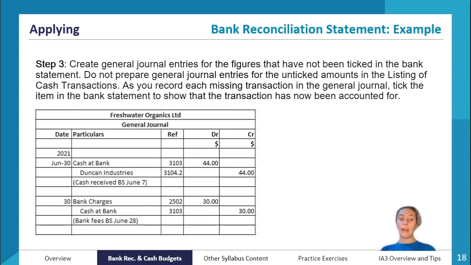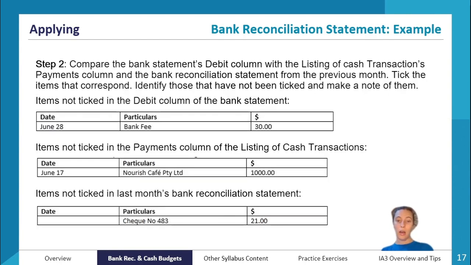So now with that information that we have got, we now need to create our general journal entries. So making sure we're not creating general journal entries for the figures from the listing of cash transactions that haven't been ticked. So here we can see we've got our $44 for Duncan Industries and our $30 for our bank charges.